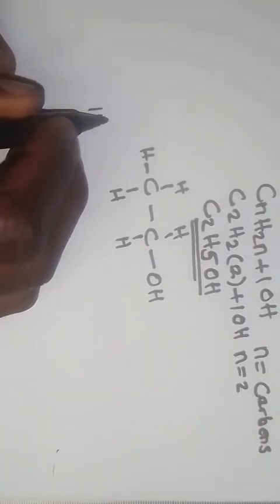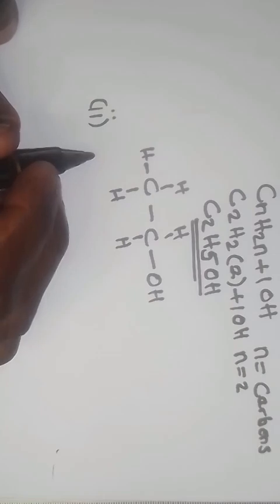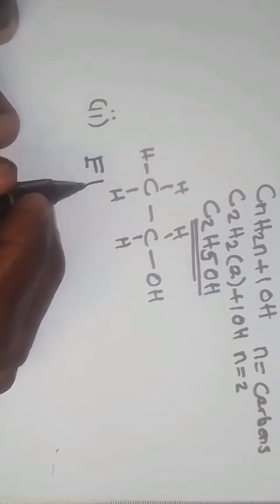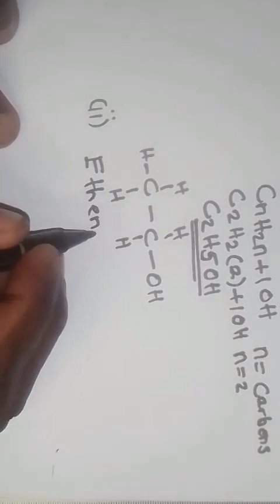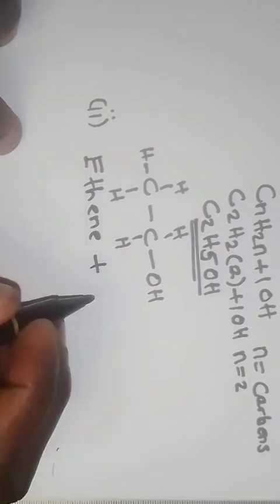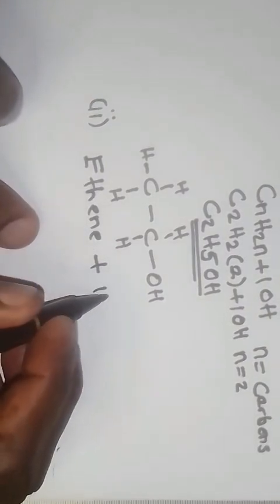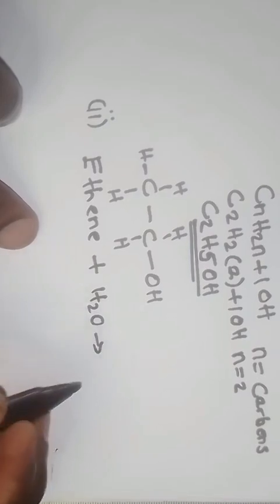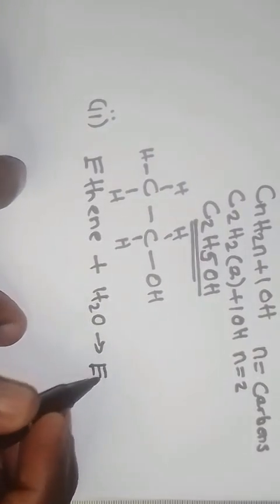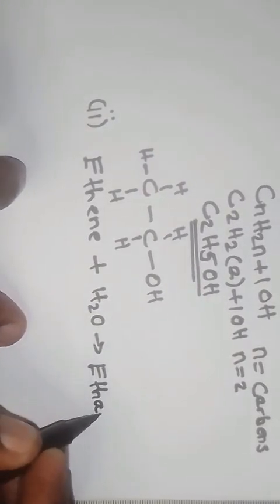Now they are saying, what term is used to describe the manufacture of ethanol from ethene? That is B2. When you are making ethanol using ethene, ethene plus H2O, what you form is ethanol.